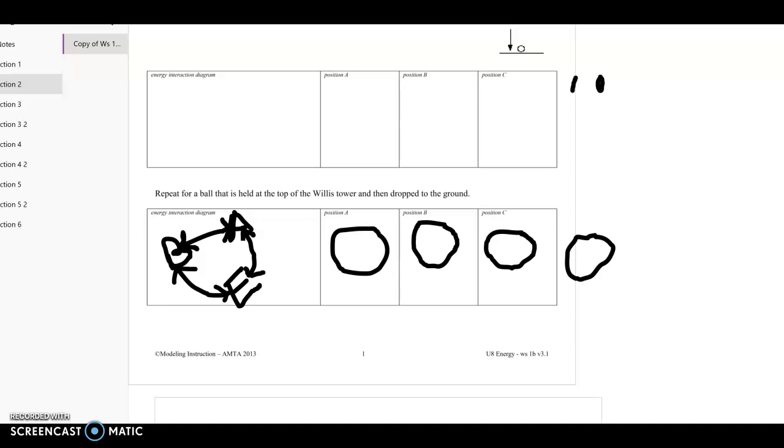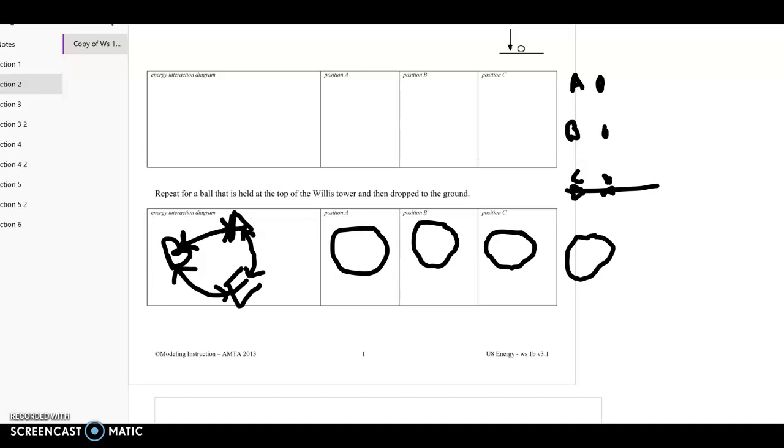So that's at A, right? And the ball at B is here, it's going down, right? And the ball at C is just about at the bottom. And then maybe when the ball is totally smashed into the ground, I'm just going to add one and call that D. Okay? I'm just making it up.